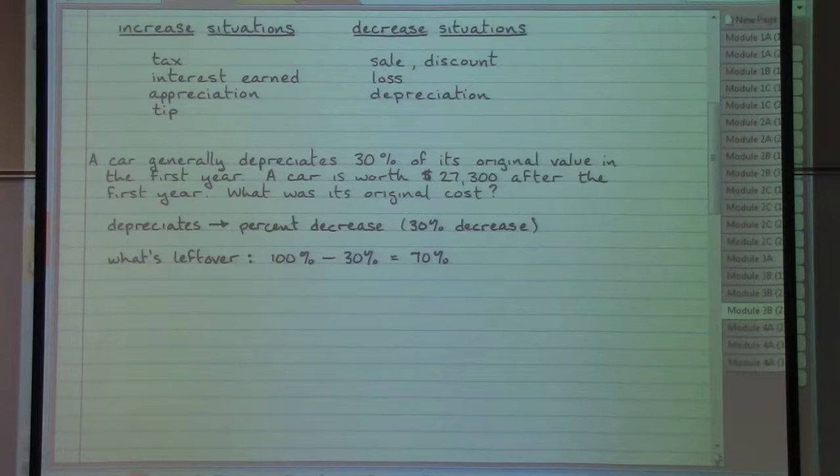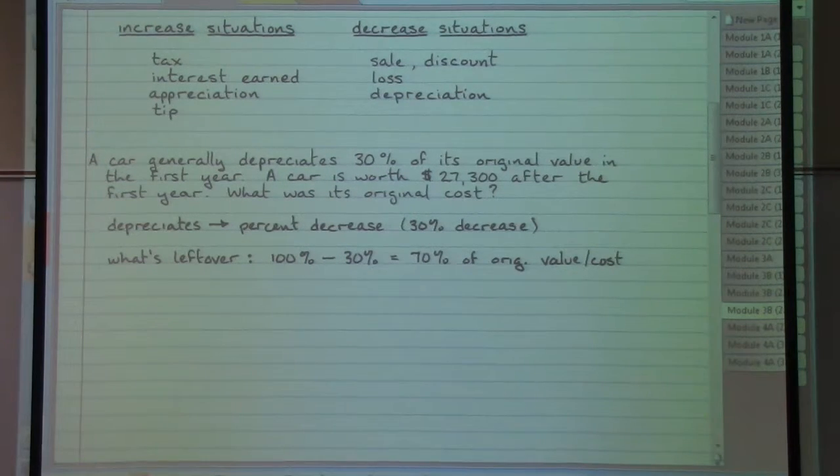Now, again, we said what's left over. To be a little bit more clear as it relates to the problem, there's a reference to the original value. So what's left over out of the original value? 70% of the original value.